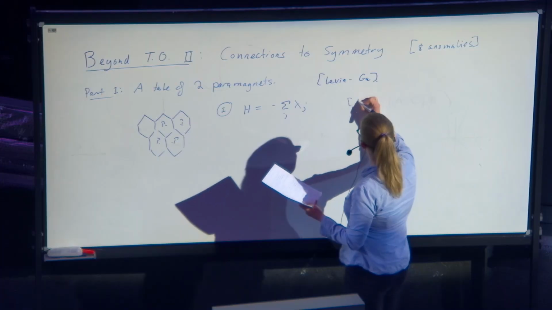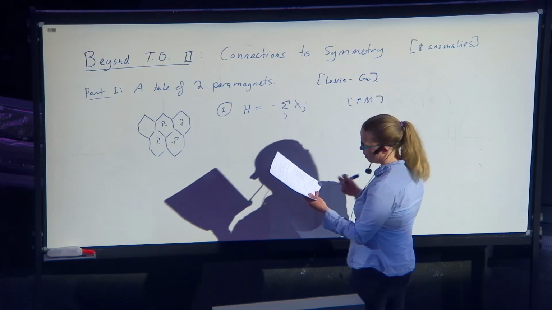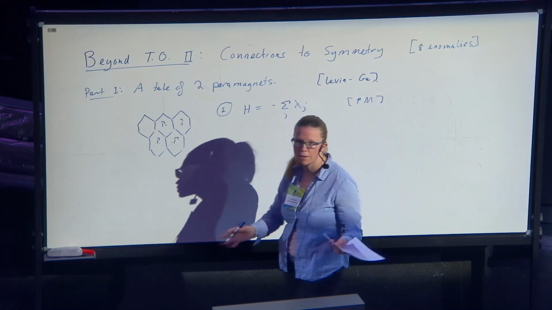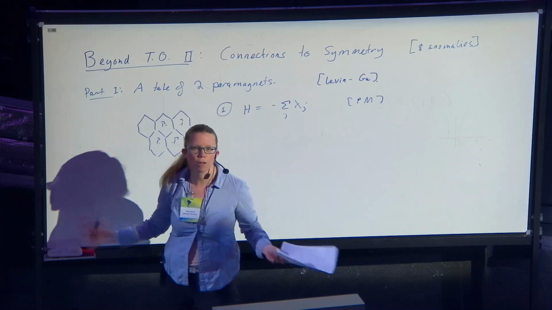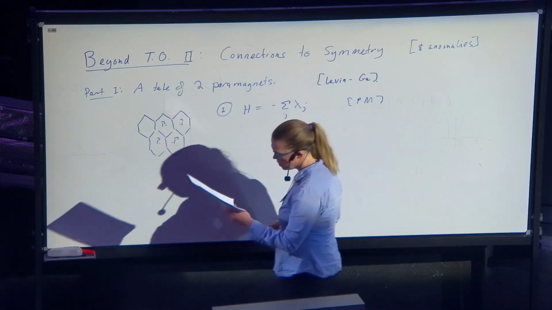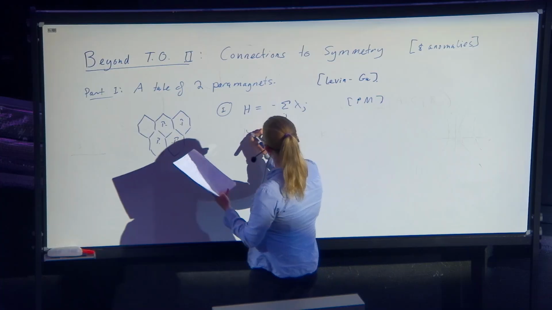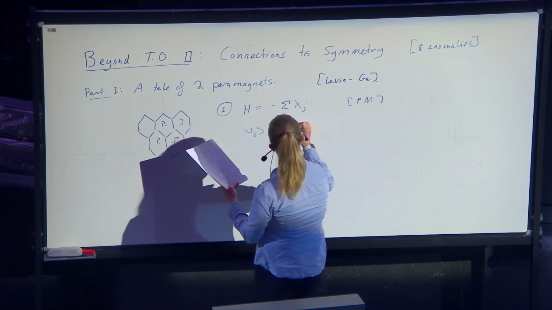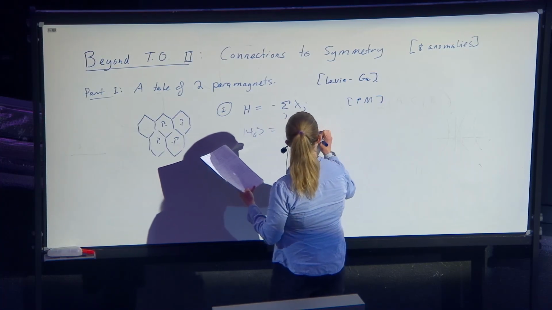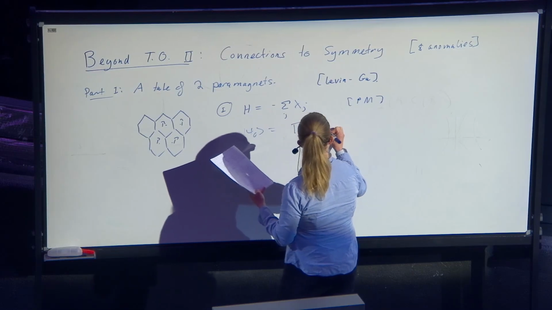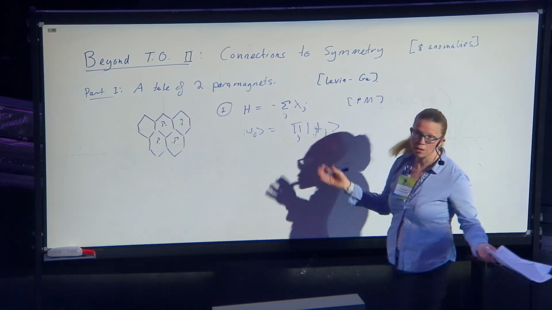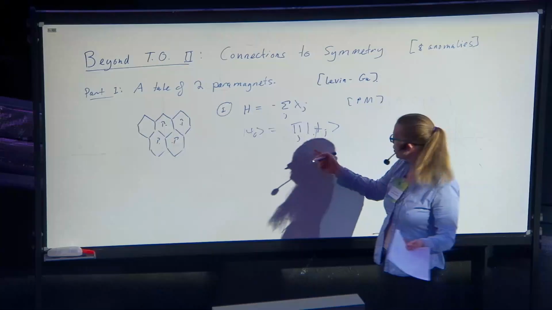And so this is very clearly a paramagnet, right? It's invariant under the Ising symmetry, which of course is just the product of all spins' x. And we can write down its exact ground state, which is just the eigenstate of Pauli x with eigenvalue 1 on every site.